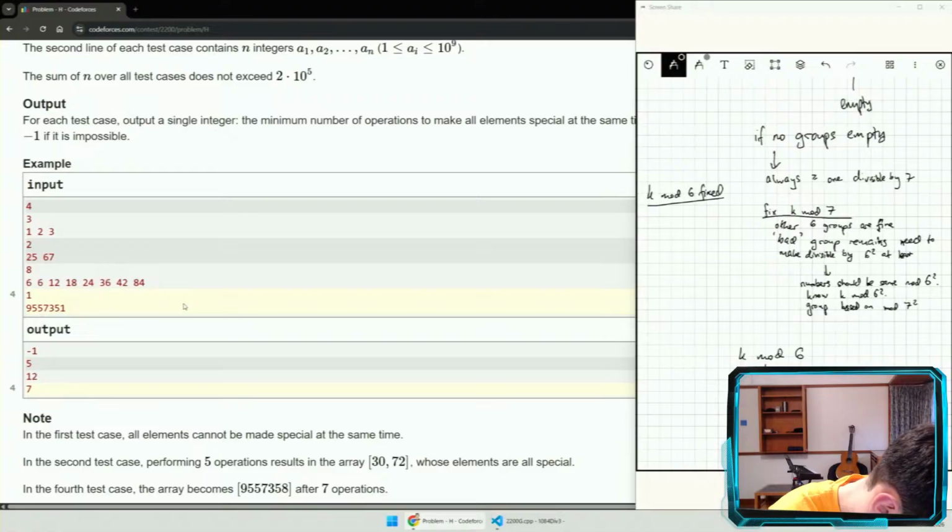This might either just work straight away, in which case we've got a good one, or if all the groups are kind of, wait.